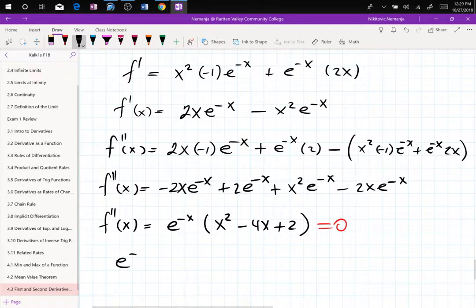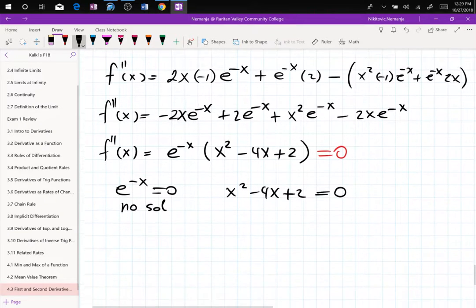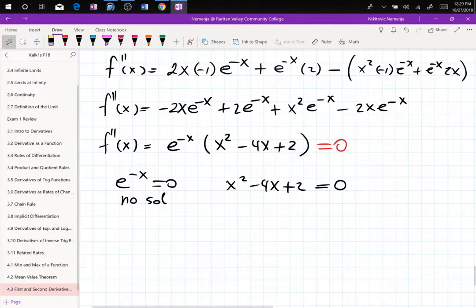So now we have e to the negative x equals 0. That one has no solution. And if there is no solution, that means no inflection point coming from there. x squared minus 4x plus 2 equal to 0 might have a solution. We can crack the quadratic formula. So negative b, that's plus 4, plus minus the square root of 16 minus 4ac, that's 4, that's 8.